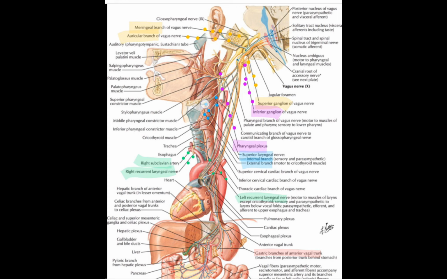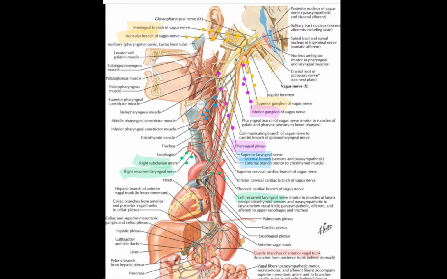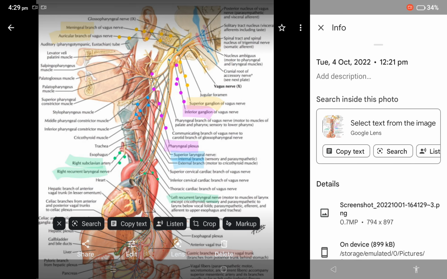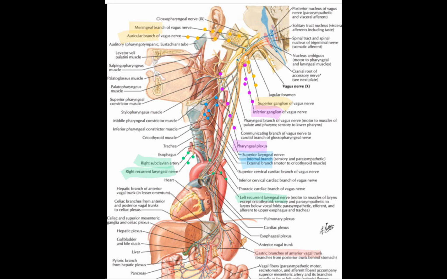It will be piercing the thyrohyoid membrane, the membrane between the thyroid and the hyoid bone, and it will give upper and lower branches. The upper branch will be sensory to the pharynx, epiglottis, vallecula, and laryngeal vestibule, while the lower branch goes to the aryepiglottic folds and arytenoid cartilages.